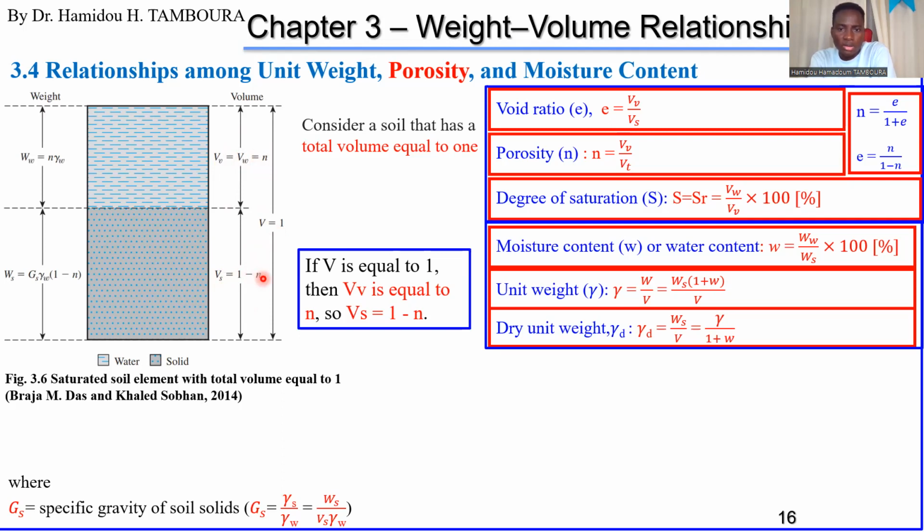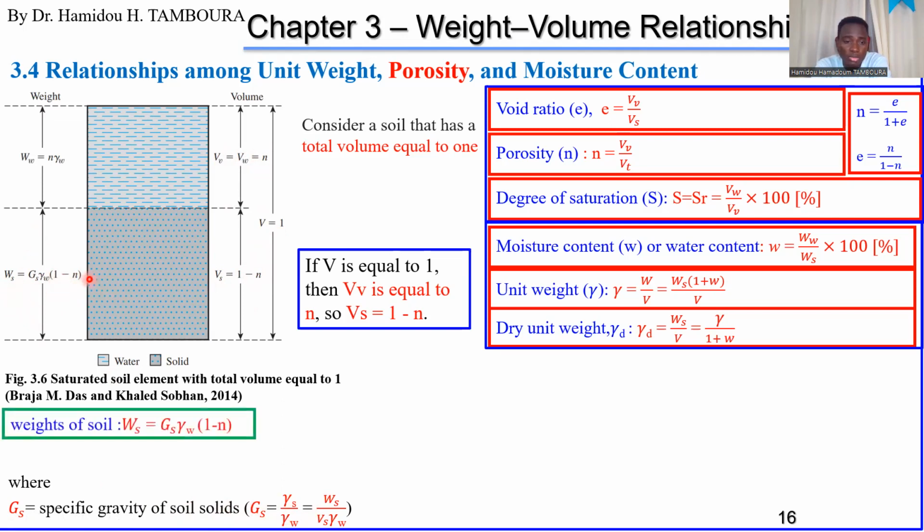Okay, so for the weight, by using still the specific unit weight, this is not different from the previous one. So we don't need to explain this again. Same as the previous slide. And the weight of water is easy.